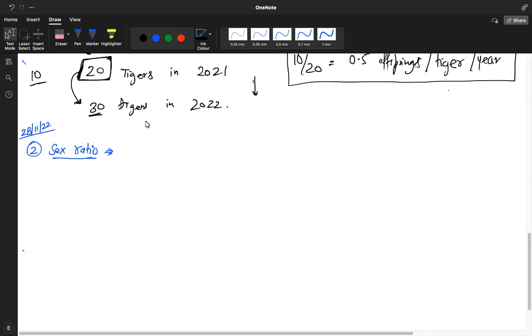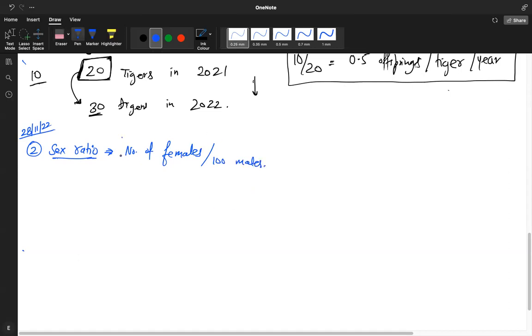In a given population, you can write the percentage of females and males in the total population, or the number of females per 100 males.